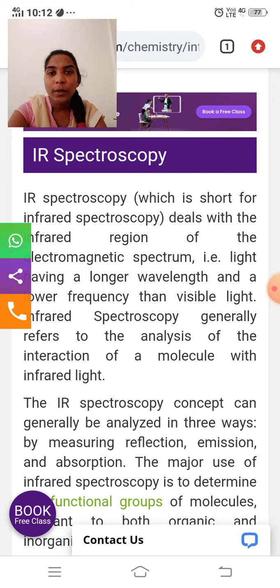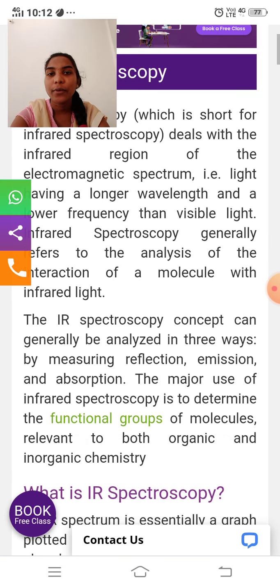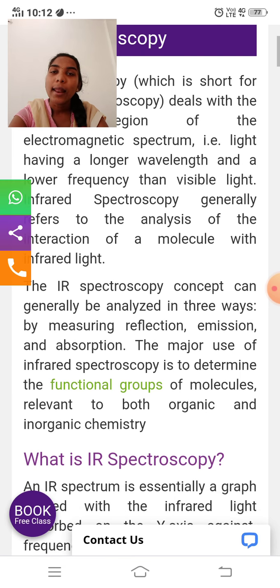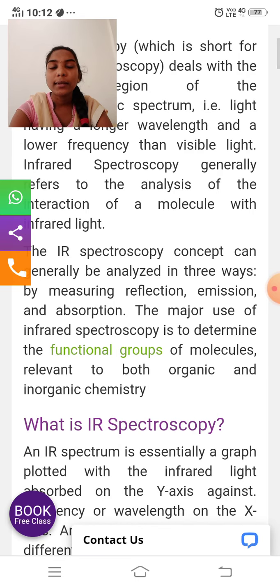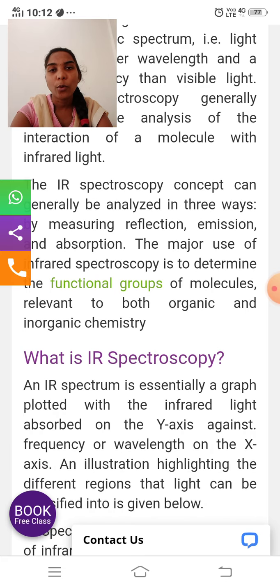IR spectroscopy, which is short for infrared spectroscopy, deals with the infrared regions of the electromagnetic spectrum, that is, the light having longer wavelength and a lower frequency than visible light. Infrared spectroscopy generally refers to the analysis of the interactions of molecules with infrared light.